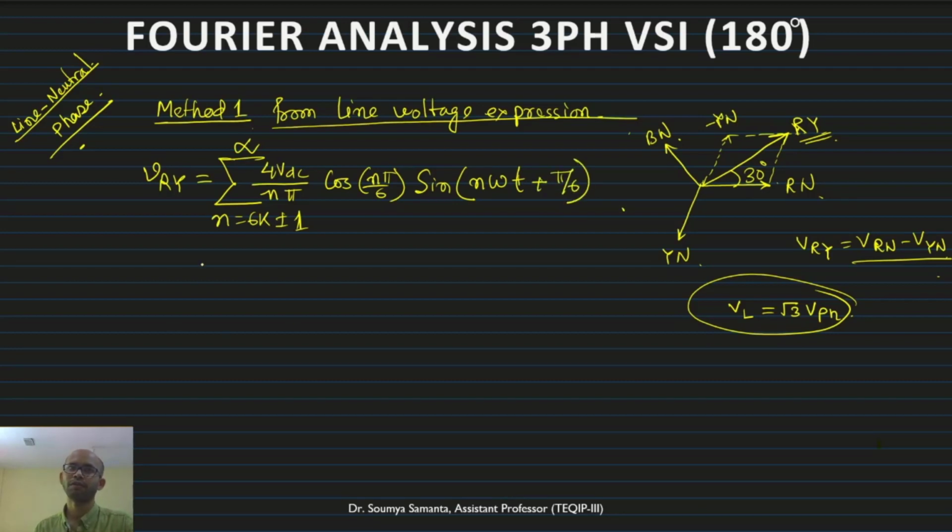Now this was the line voltage. If I want to convert it to Vrn, the phase voltage, it will be similar to this. Only difference is the magnitude: the line voltage divided by root 3. So this is 4 Vdc by root 3 n pi.